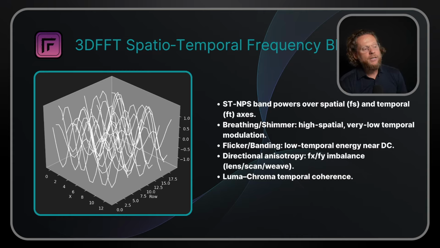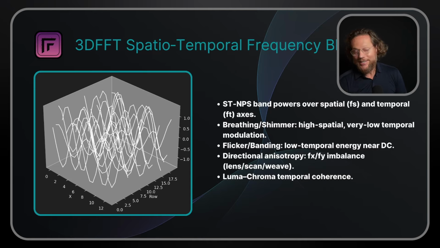We learned that already. And then we also wanted to see the coherence between luma and chroma, which in film is real. What happens in film is that luma and chroma follow one another. So when your grain changes, it doesn't change only in luma, it changes in chroma.